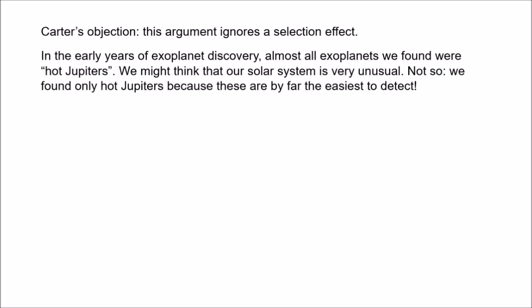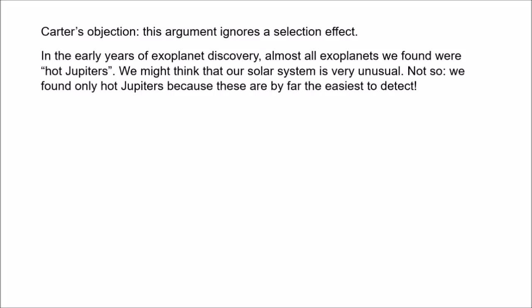The trouble is, it ignores the method of detection of exoplanets. The details here aren't important, but basically it turns out that large planets close to the star are by far the easiest to detect. Indeed, planets like Earth, given the methods and technology available 15 or 20 years ago, were simply undetectable.